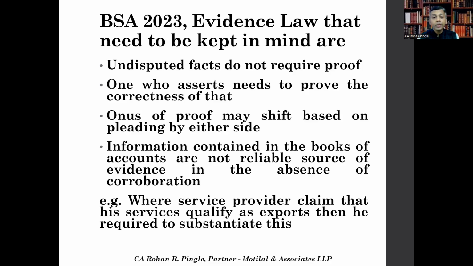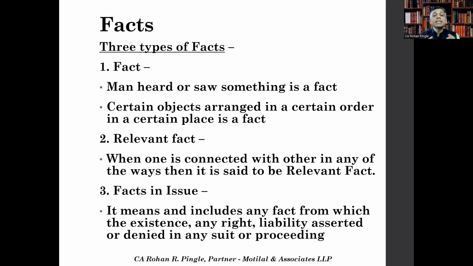Moving further, let's understand facts. What is meant by that? There are three types of facts: fact, relevant fact, and facts in issue. What is meant by fact? A man heard or saw something is a fact. Certain objects arranged in a certain order in a certain place is a fact.